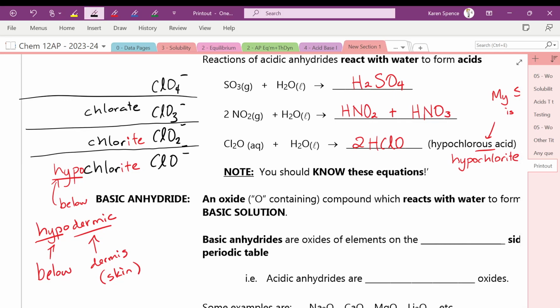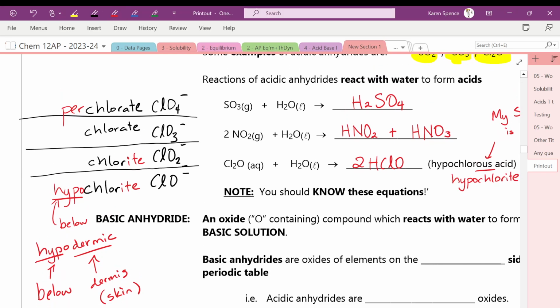Now, above chlorate, we have still chlorate, but we have to add something to it. What do we add to it? Per. That's from the same root as super, which means above or more.